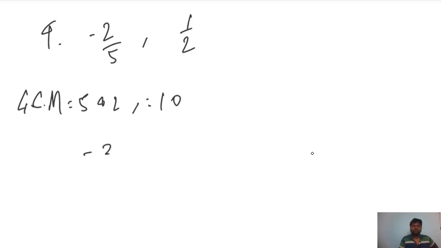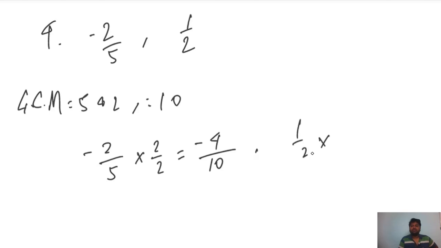So minus 2 by 5 into 2 by 2, therefore minus 4 by 10. This is similar to minus 2 by 5. Similarly, half into 5 by 5 is 5 by 10.